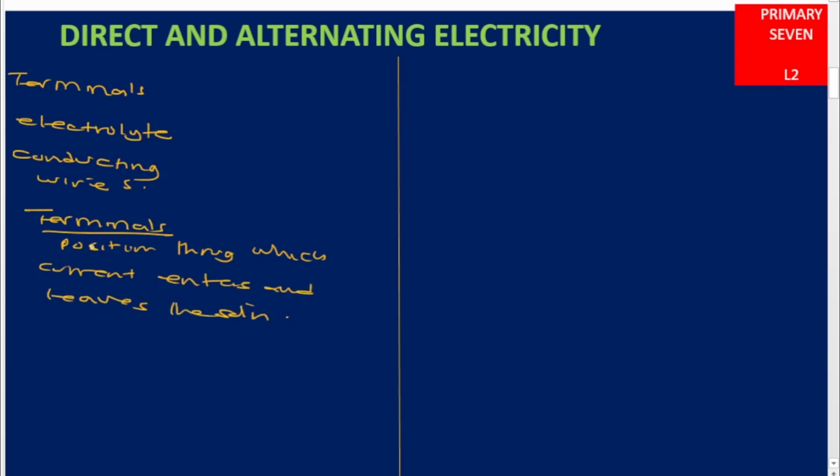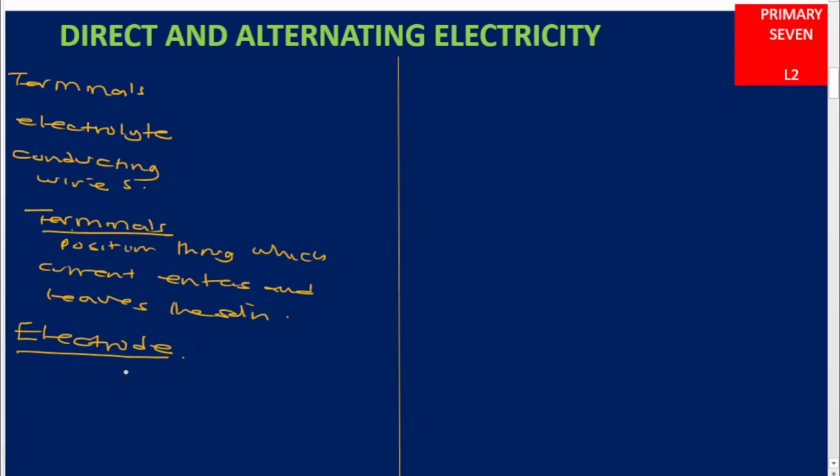Now those are the terminals, and scientifically they are called electrodes. So what is an electrode? An electrode is a terminal through which current enters and leaves the solution.